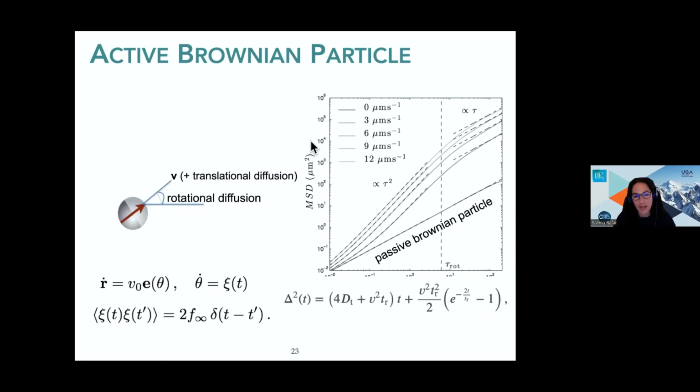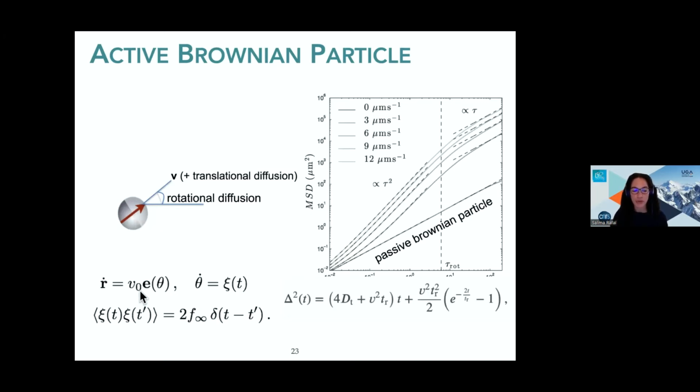This can be modeled as an active Brownian particle, as I said. So the idea is to consider a particle that has rotational and translational diffusion as a Brownian particle, but the only difference is that a constant velocity is added to the particle in the model.